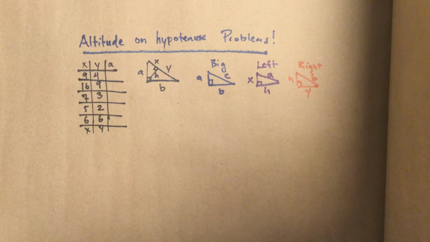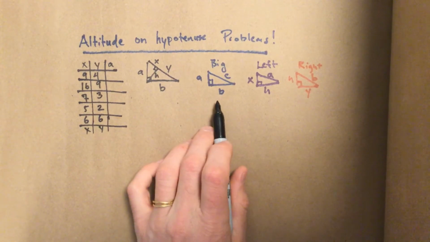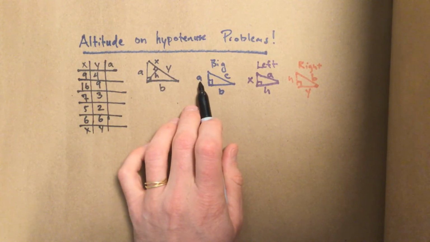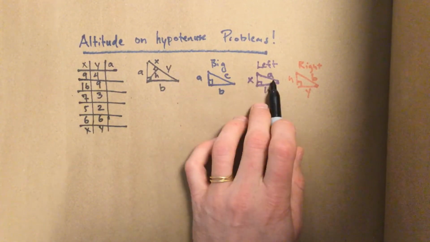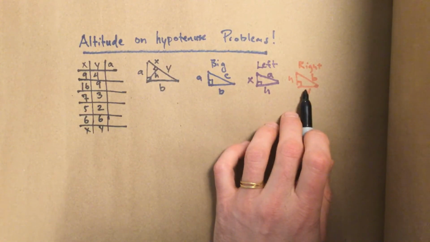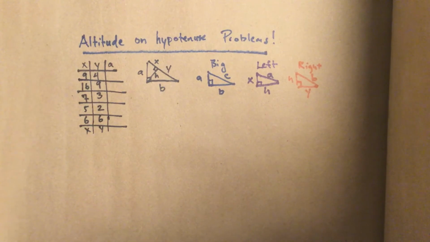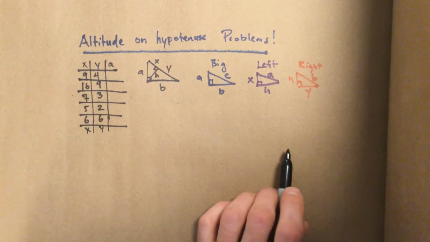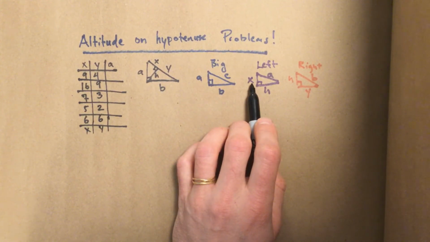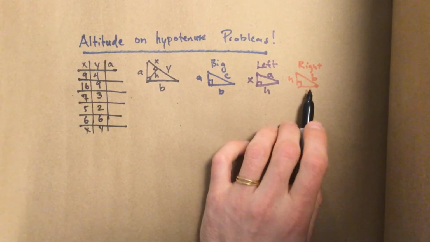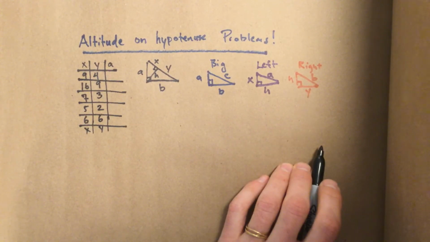I need a, so I'm going to have to use the big triangle, and the triangle on the left-hand side, not the triangle on the right-hand side, because I don't see an a there. I'm going to have to use x. I see an x on the left-hand side, and I'm going to have to use y. I see a y over here in my right-hand side triangle.